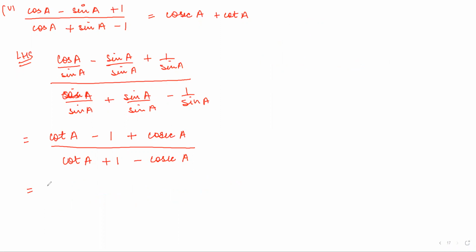First of all, if I write it like this, cot A plus cosec A, divided by... Now this one, which is in the minus, can be written like this: cosec square A minus cot square A. Any problem here?